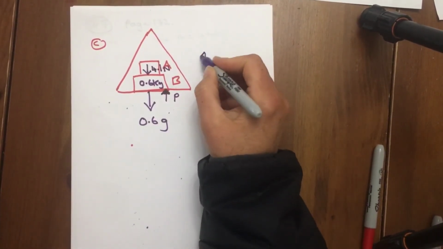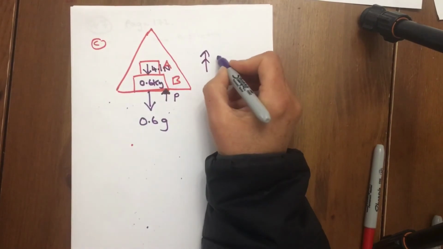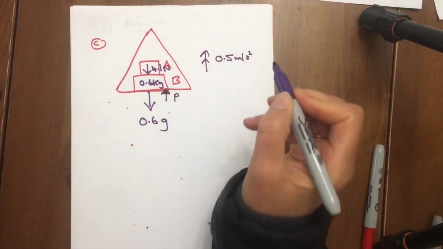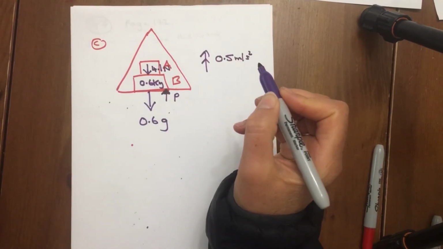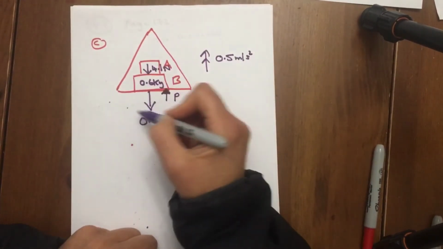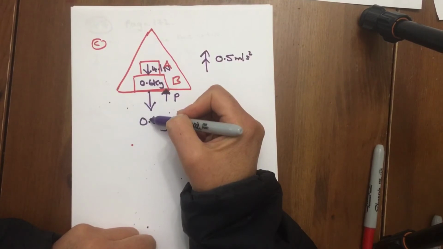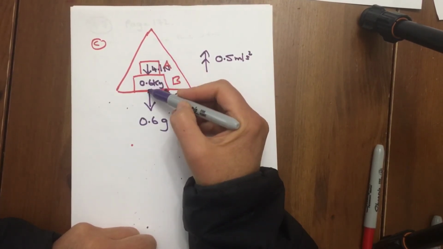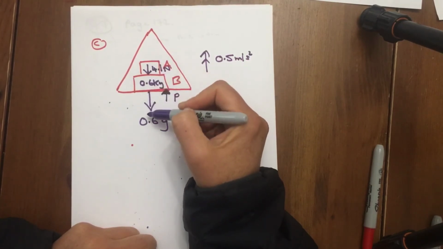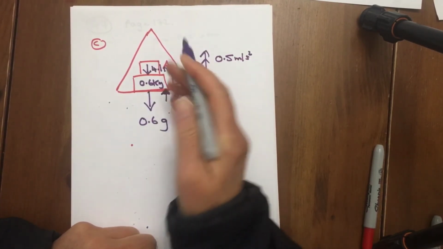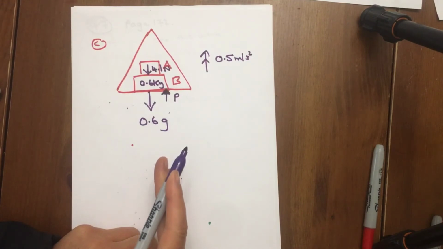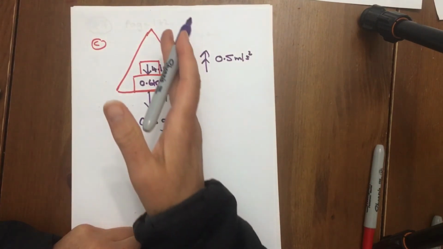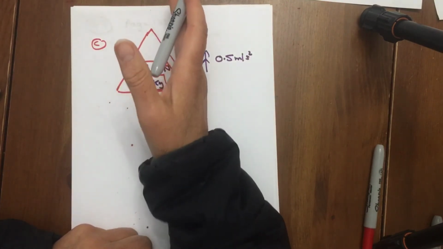And the whole thing is accelerating upwards with an acceleration of 0.5 meters per second squared. So let's look at this again. I've got the weight of B going downwards, the force of A acting on B going downwards, and I've got the normal reaction of the scale pan on B going upwards.